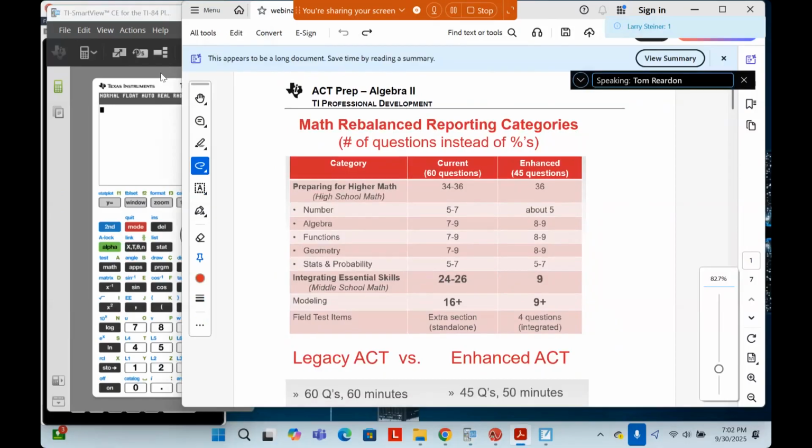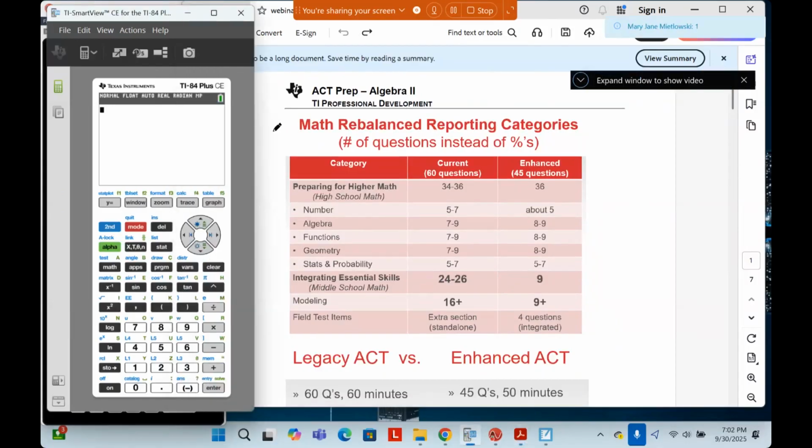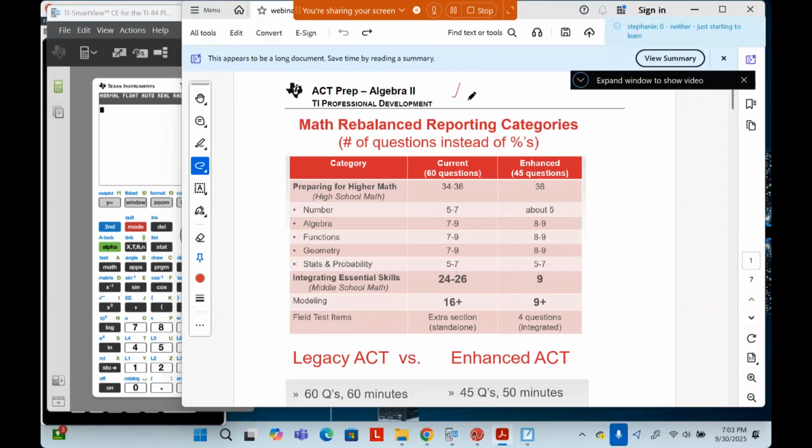Okay, so we want to talk about the new ACT, and a lot of my kids took the new enhanced one. The September one was the new enhanced ACT for pretty much everyone. I think the main one was J01, but there were J02, J03, J04, J05.